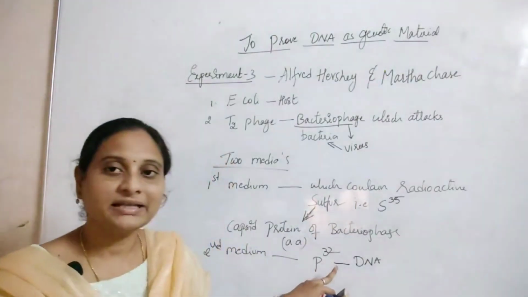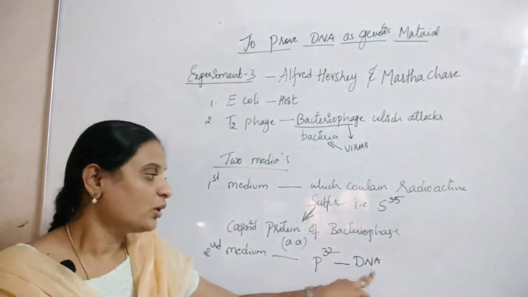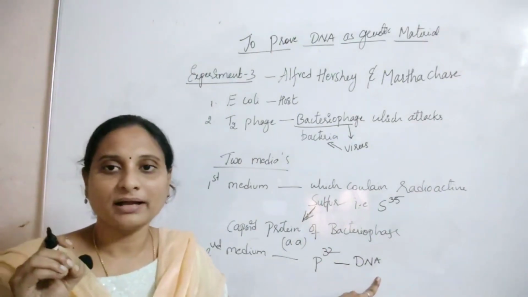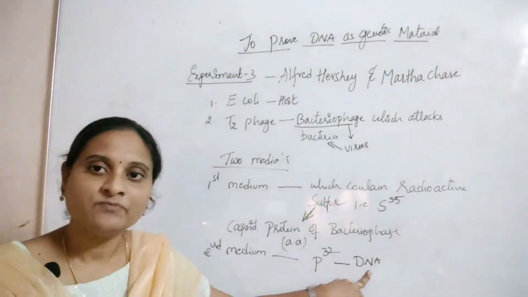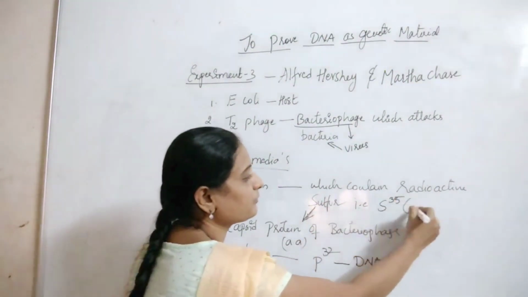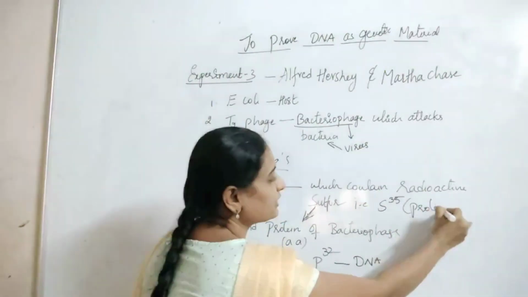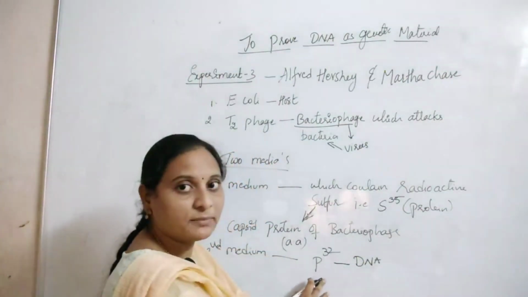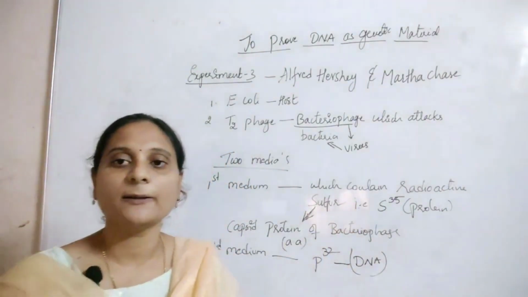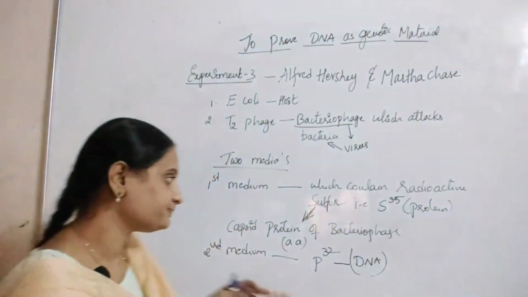That means the radio-labeled P32 will bind to the DNA present in the T2 bacteriophage. So the sulfur will bind to the capsid protein part, whereas radio-labeled P32 will bind to the DNA of the T2 bacteriophage.